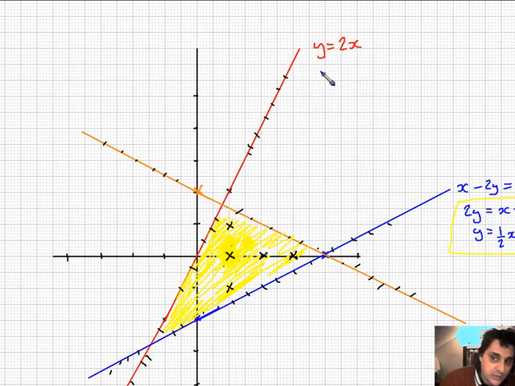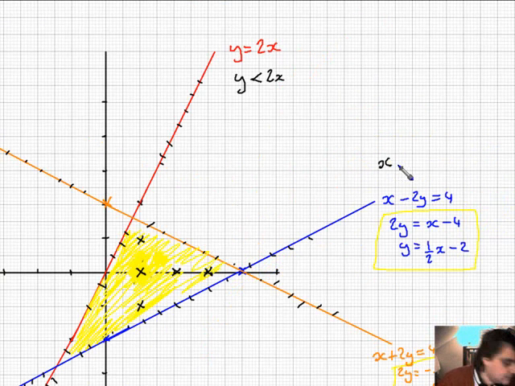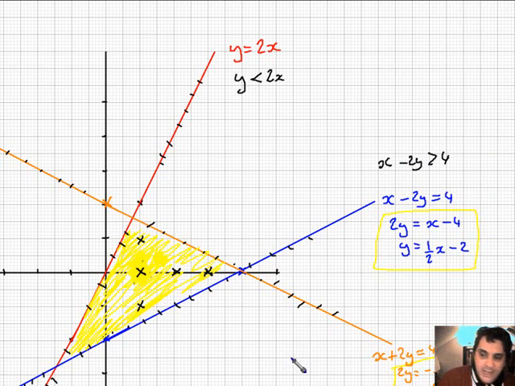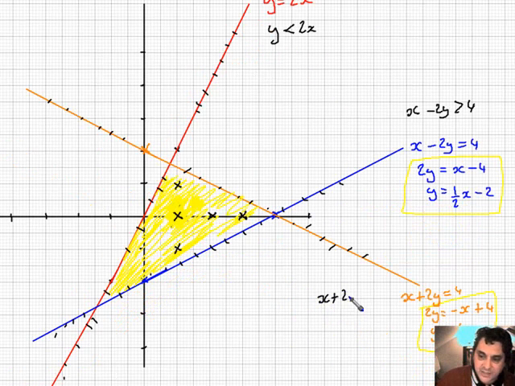So let me write the inequalities for you. Here it had to be y is less than 2x, so I went below. Here it had to be x minus 2y was greater than 4, so I went above. And here it was x plus 2y was less than 4, and so I went below the line.